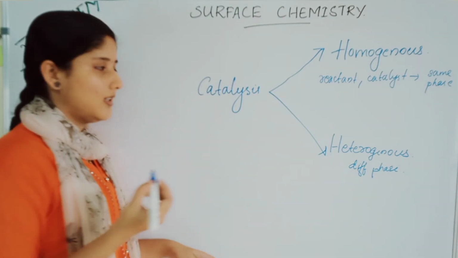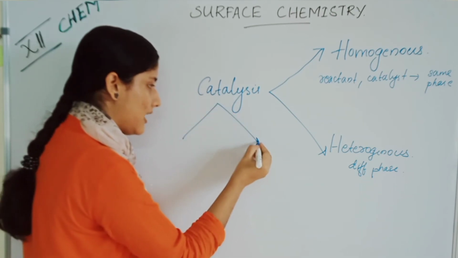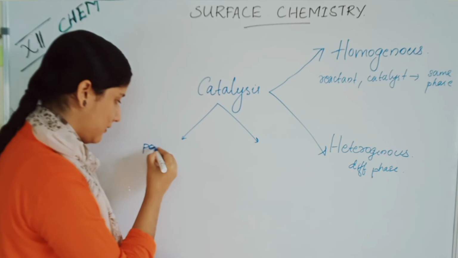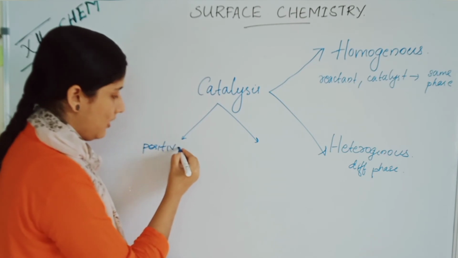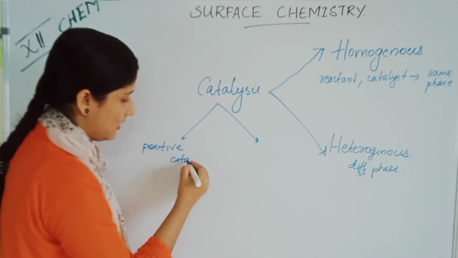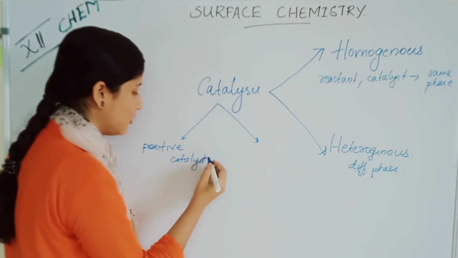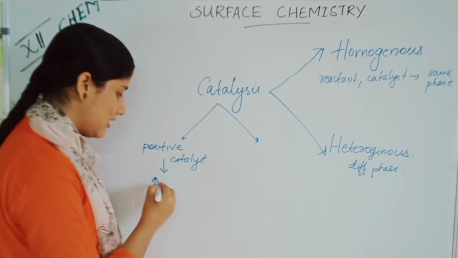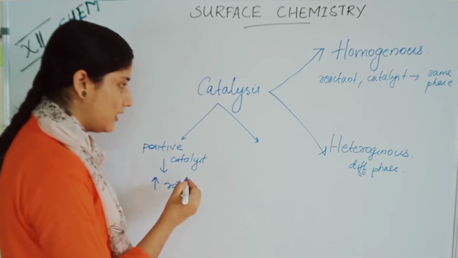The other division is positive catalyst and negative catalyst. What does a positive catalyst do? It increases the rate of the reaction.